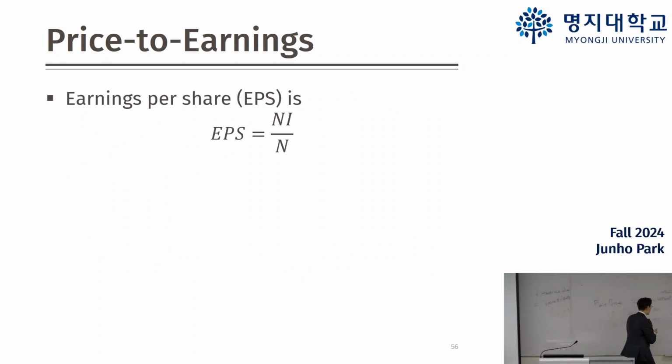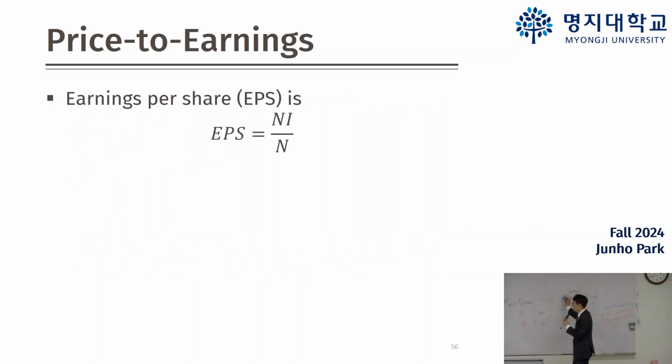To understand the price to earnings, you first need to know the earnings per share. The earnings per share, or the EPS, is calculated as the net income divided by the number of shares.